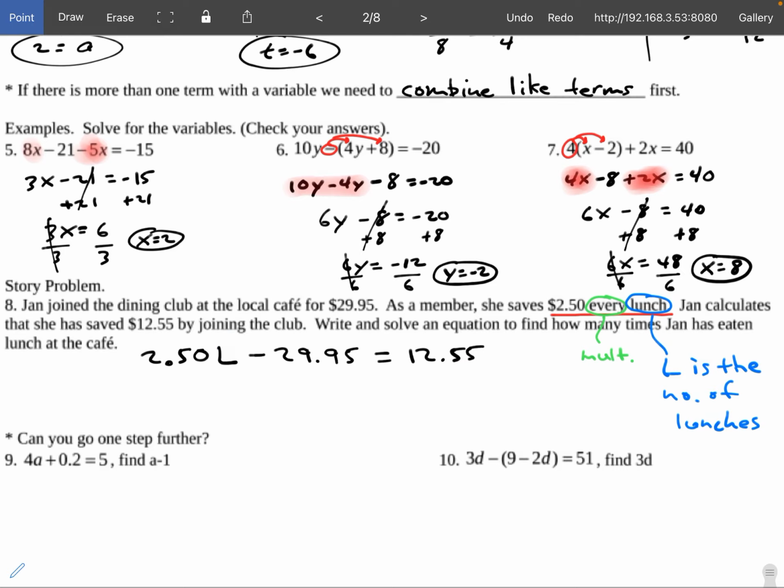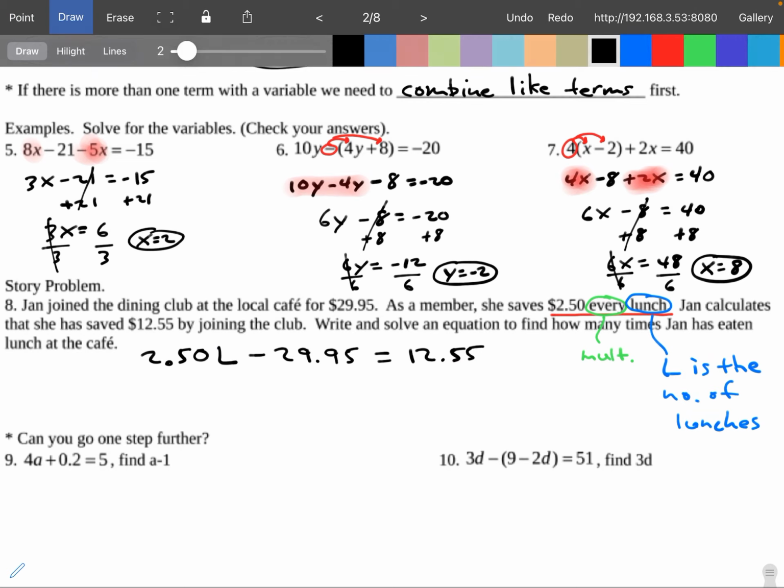So let's do that. So how do we solve for L here? What's the first step, guys? Yeah, add $29.95 to each side.